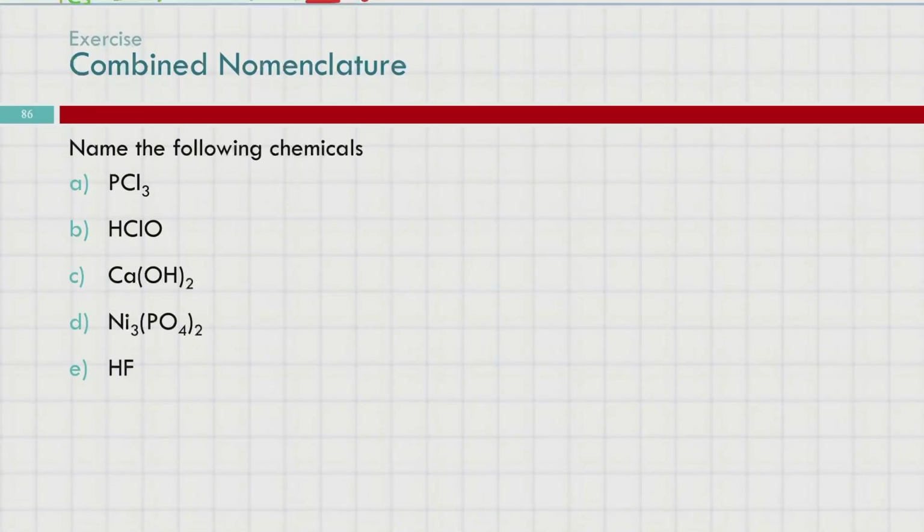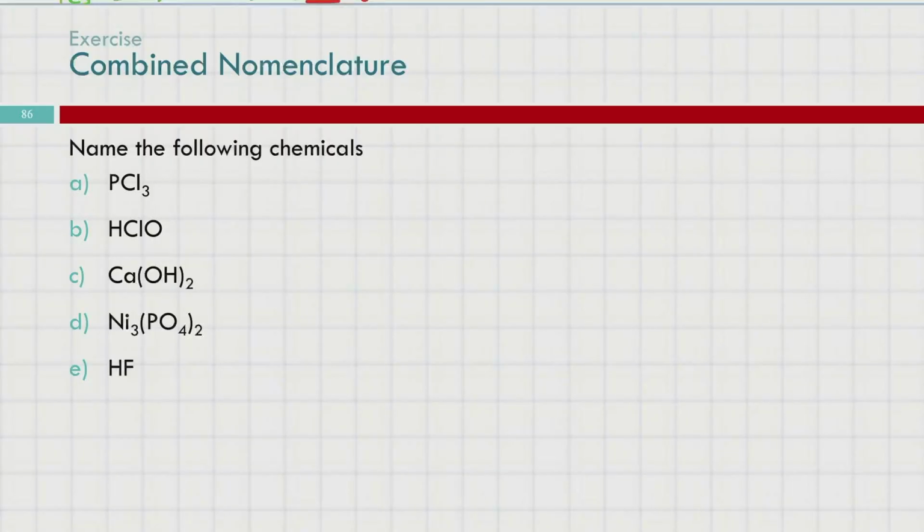So for the first one, for A, we have PCl3. What kind of elements do we have in PCl3? Or what kind of compound is it? Phosphorus is one of them. What kind of chemical is phosphorus? Is it a metal or a nonmetal? It's a nonmetal.